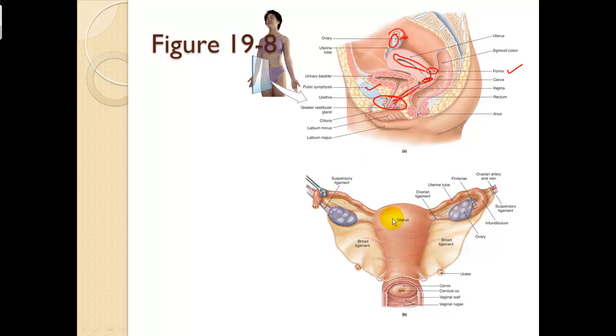From the front, uterus, at the posterior of the vagina is the cervix. Behind this would be the fornix, ovary with suspensory ligaments, fimbriae, fallopian tube.